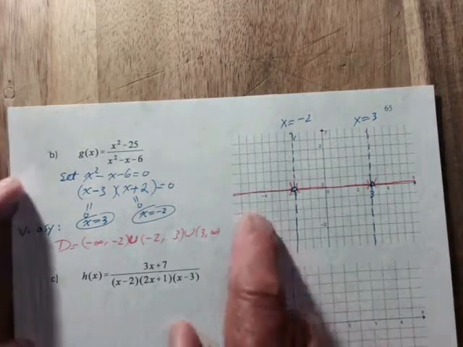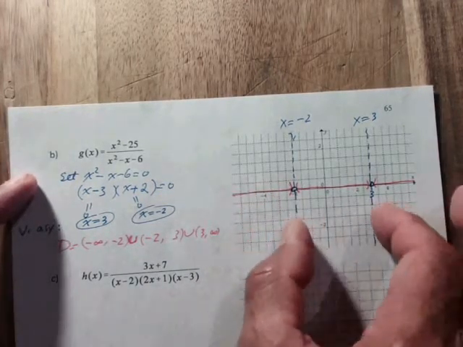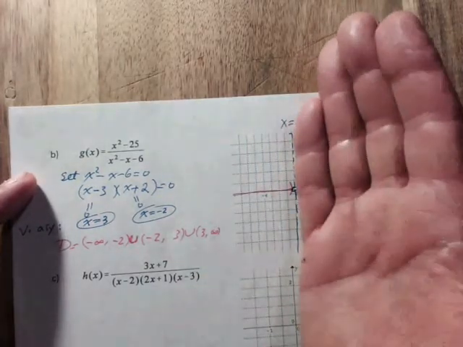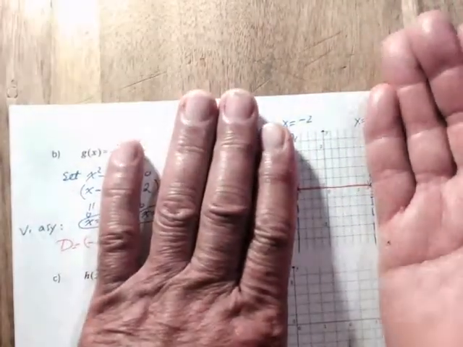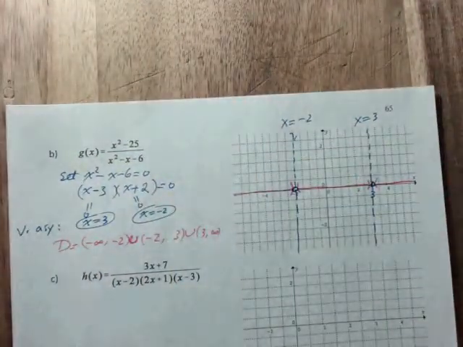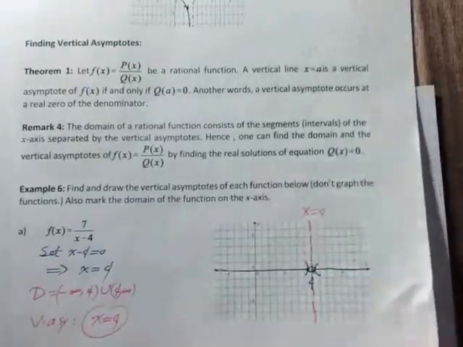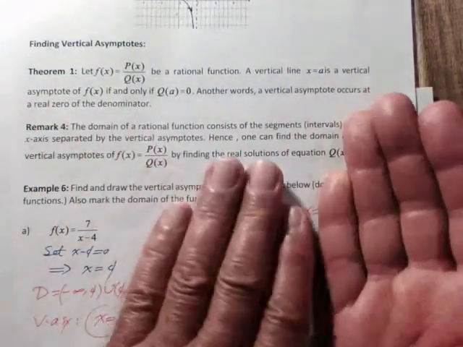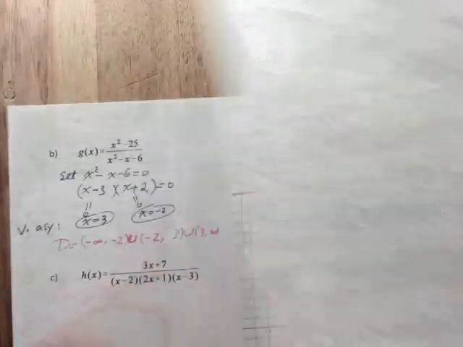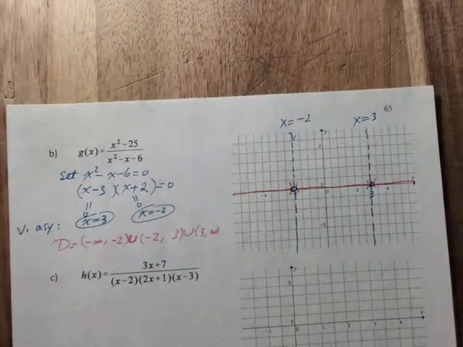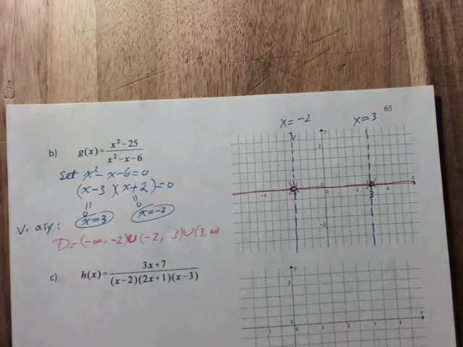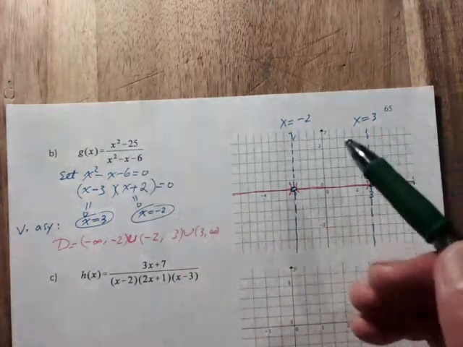So in this case I had two asymptotes, therefore I have three regions. One to the left side of this line, one region in between, one region to the right. Good. In the previous example, I had one asymptote, so you have one region to the left, one region to the right. In fact, let me get a little ahead of myself. When you graph a function like this, you have three regions.